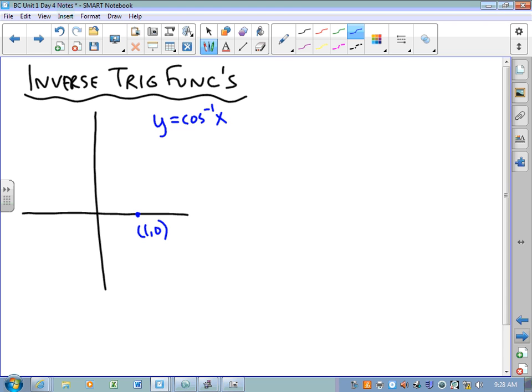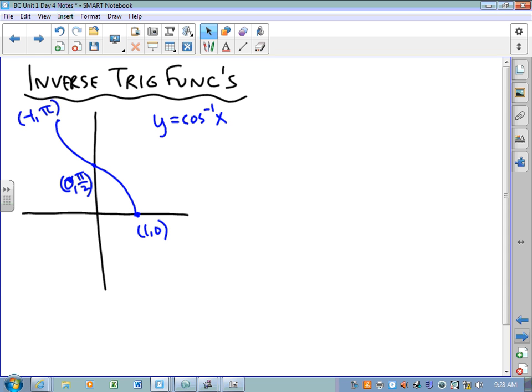The point (pi, -1) is on the original graph, and so the point (-1, pi) is on the inverse graph. We also have (0, pi over 2), and the graph looks roughly like that. Notice that the cosine function is decreasing from 0 to pi. The inverse cosine function is decreasing from 0 to pi.